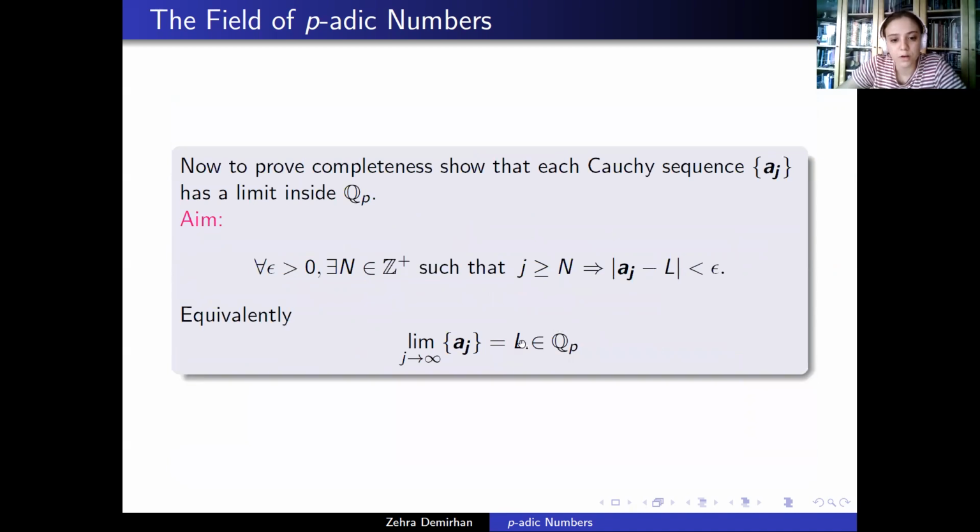Now I would like to state that we are trying to prove completeness. So each Cauchy sequence A_j has a limit inside Q_p. If you would like to state it in a mathematical manner, we can do it as here also. Or equivalently, we can say that the limit of A_j goes to L as j goes to infinity, and this L is in Q_p.